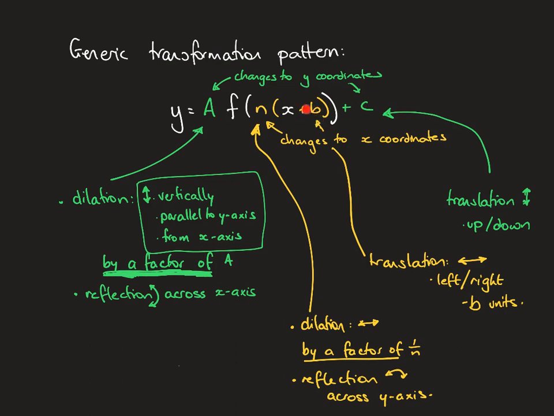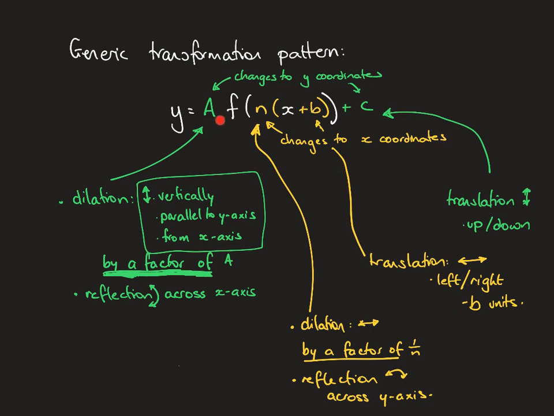Sometimes you'll see a minus in here, then that would mean it would be b units. But the b does translations left and right, super simple, not 3 units in the positive direction of the x-axis or the negative direction of the x-axis. Left and right is fine, and it's negative b units. It's the opposite to whatever you've got in here.